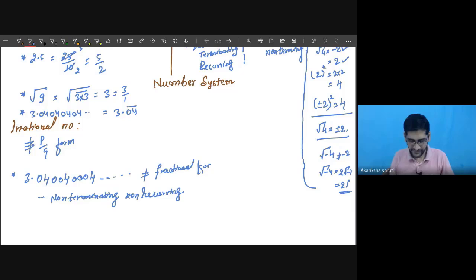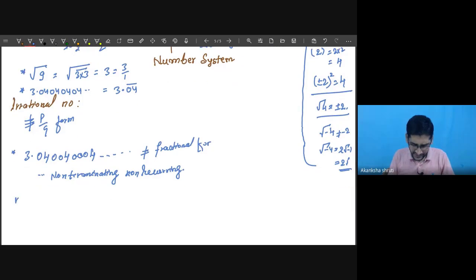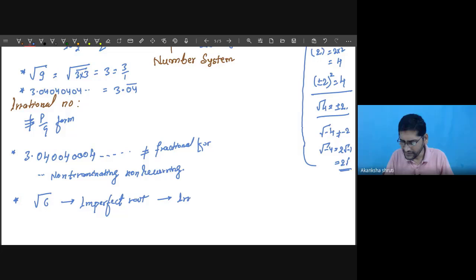Other thing, even if you are taking under root of 6, can this root be removed? So these are imperfect roots. Therefore, these are irrational numbers.